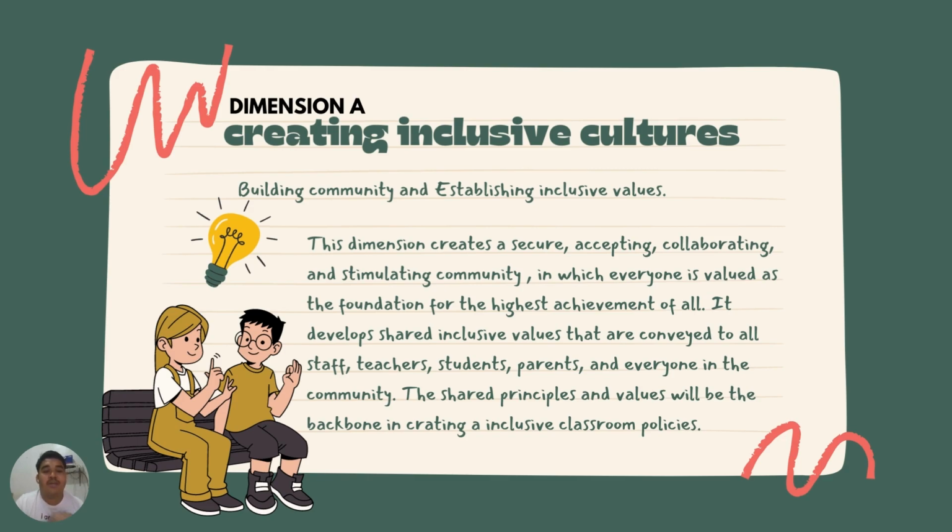It develops shared inclusive values that are conveyed to all staff, teachers, students, parents, and everyone in the community. The shared principles and values will be the backbone in crafting inclusive classroom policies.